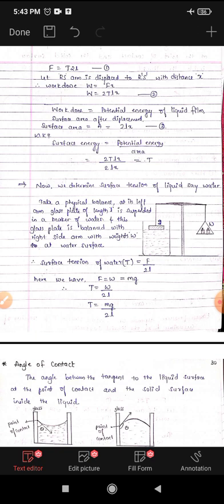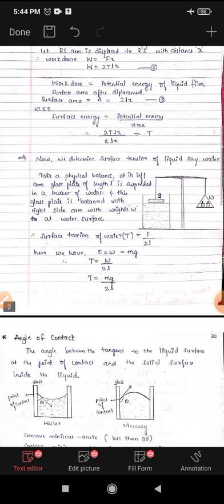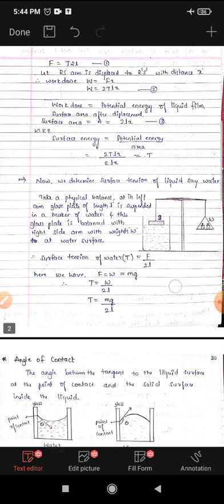Whatever weights are at the right side, they make the glass plate balance at the surface. So this W is acting as the force. Therefore, we have the surface tension of the water by using the formula T is equal to F divided by 2L, that is the force divided by length.